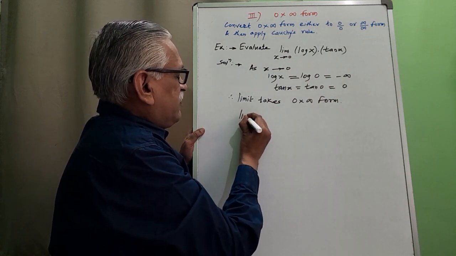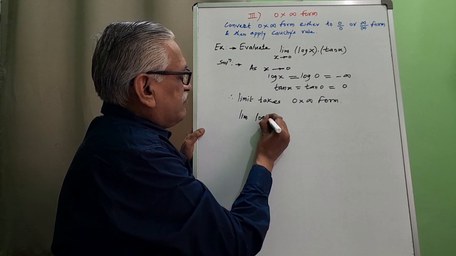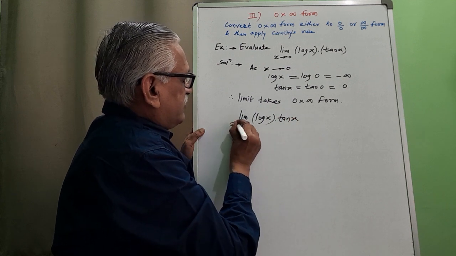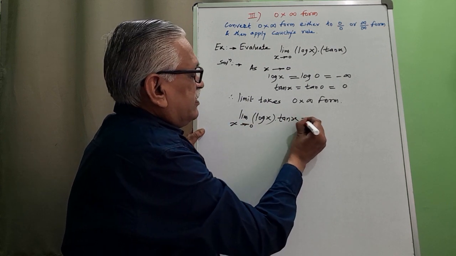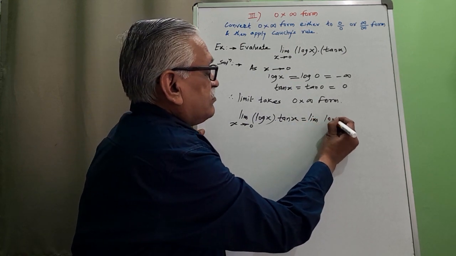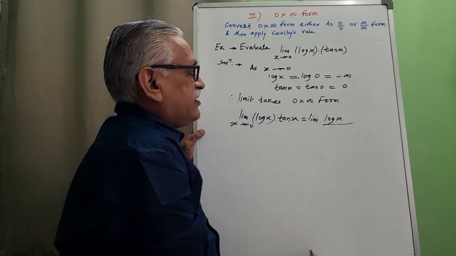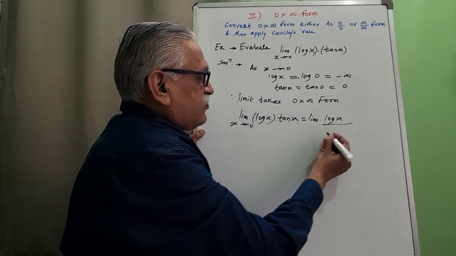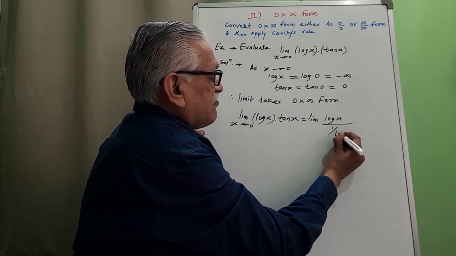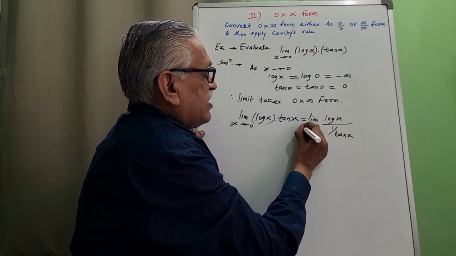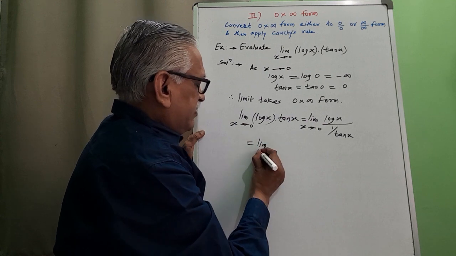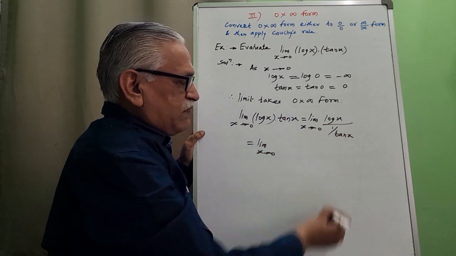Therefore that limit, given limit of log of x multiplied by tan of x as x tends to 0, we rewrite that as, keeping log x as it is, no change, and tan x we transfer to denominator as 1 by tan x as x tends to 0, and therefore it is limit as x tends to 0, log x upon 1 by tan x.